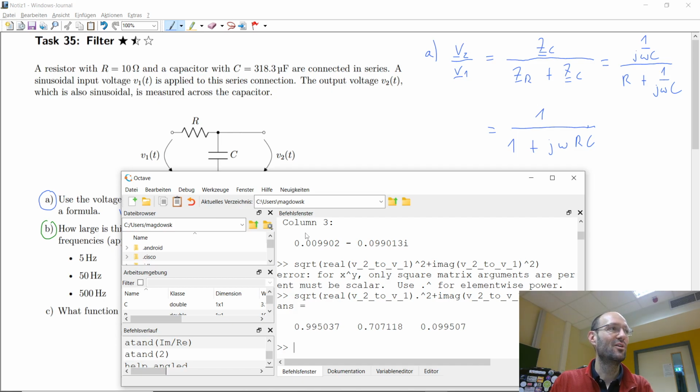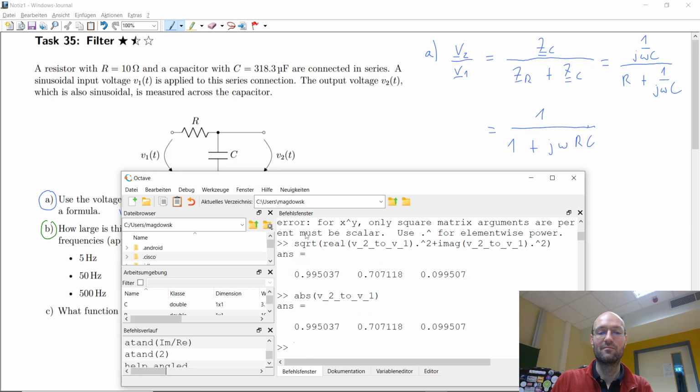Would there be a simpler way to get the magnitude? And if I ask like this, probably yes. What is another name for magnitude? Absolute value. And so if we just take our function here and use abs, we get the very same result there.